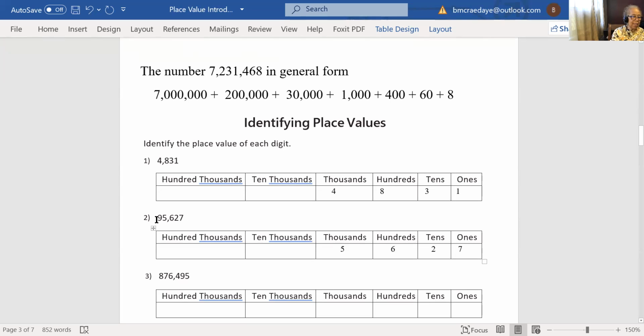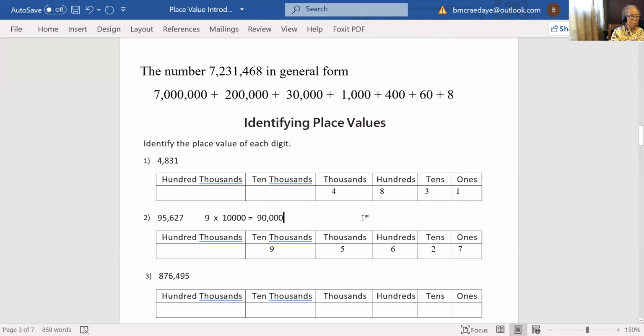And the ten thousands will be 9, because 9 times 10,000 would be equal to 90,000. So how many 10,000s do we have? 9. And as I said, I'll just put it here just for the 9, 9 times 10,000 equals 90,000.